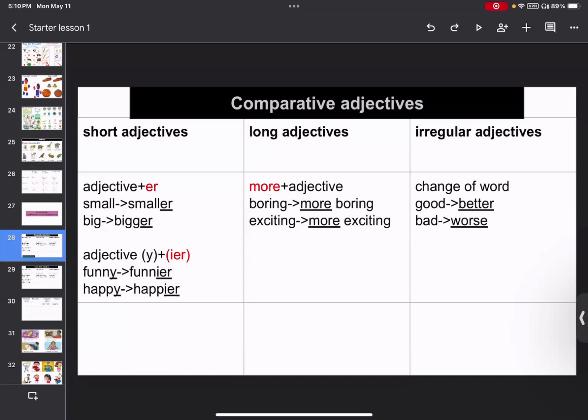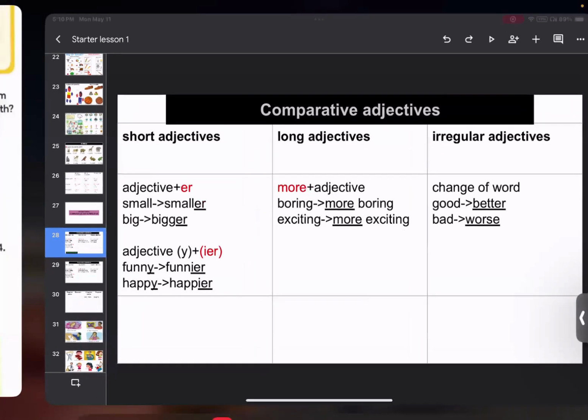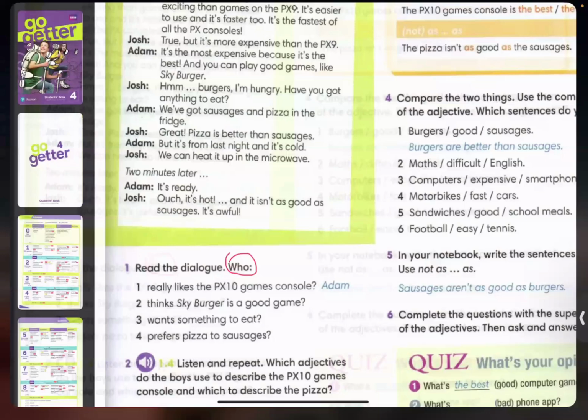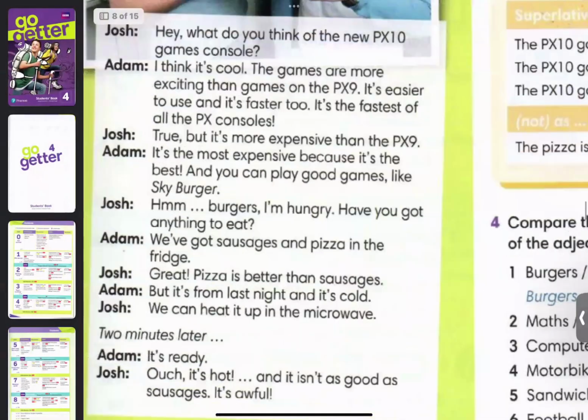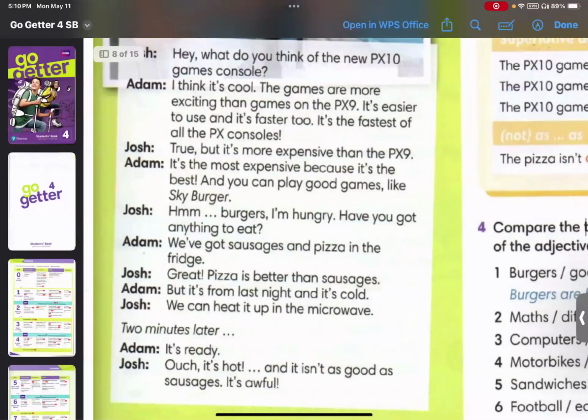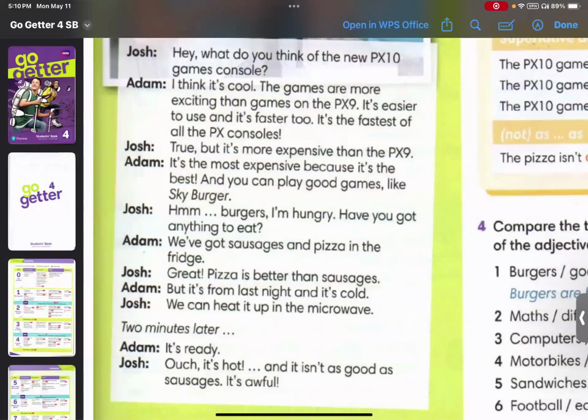So we'll go back to the text and you find the adjectives in the text and we'll use them here. You find the long, the short, the irregular, and then we'll come back and you convert them to comparative adjectives. So which adjectives can you find in the text? More exciting.